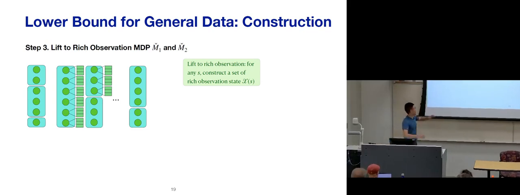But the thing is, based on these rich observations, we'll never see the rich observation state again. So that will create some difficulty in identifying which state we have already visited or which state we haven't visited.